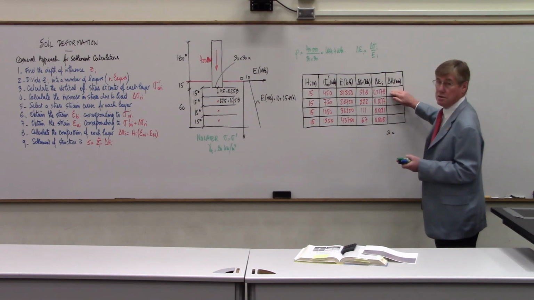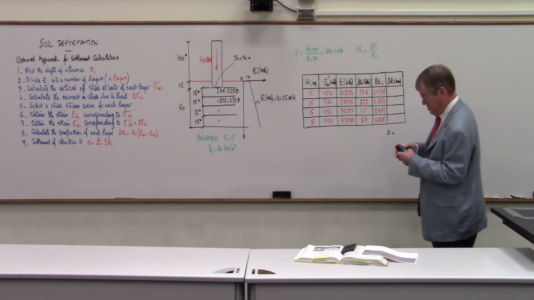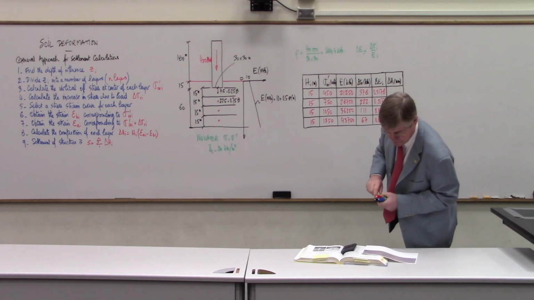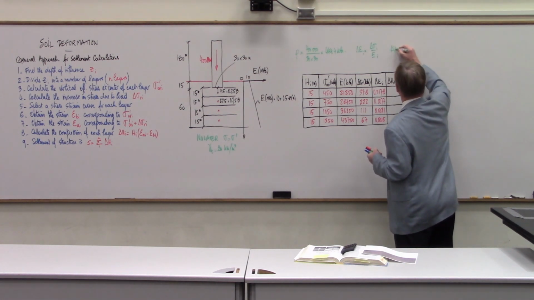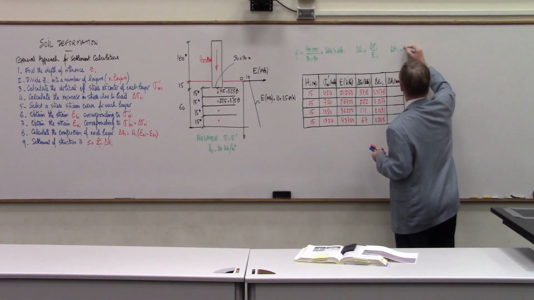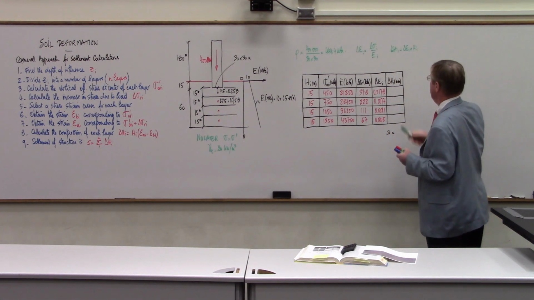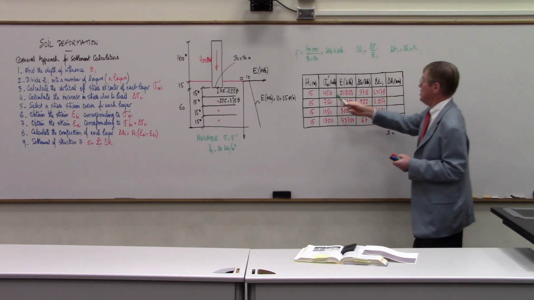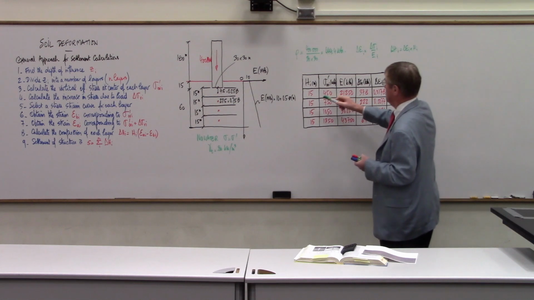Then the compression of each layer will simply be delta epsilon. So we'll write this here. The compression of each layer, delta HI, will be equal to delta epsilon I times HI. So HI was 15, so we'll do it in millimeters here because the numbers would be too small.